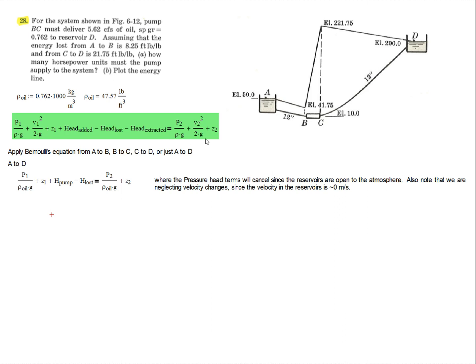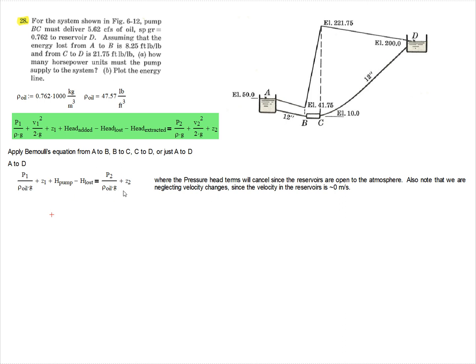And then that's equal to our energy at position 2, which is all the way up here at our reservoir D. So P2, again, since our position is the level of the reservoir, how fast is that changing? That is changing very, very slowly. So our velocity at position 2 is essentially 0, but we do have a significant elevation change, so we need to include that.